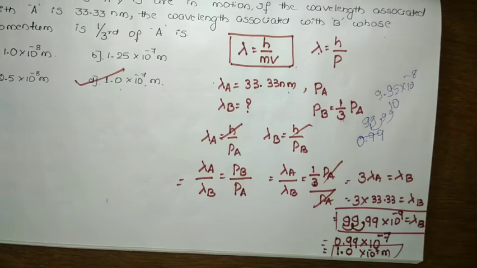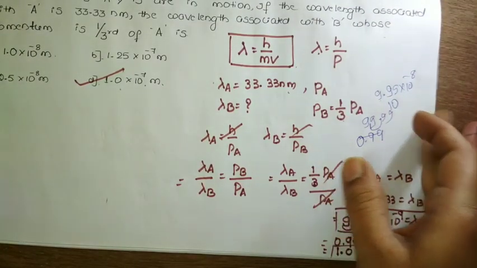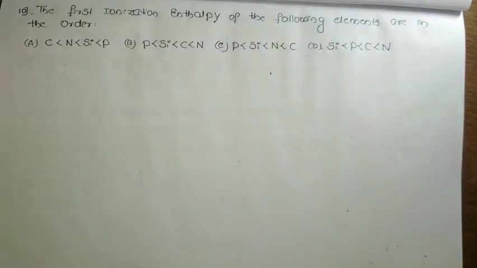A little bit different questions than expected, since what we have seen from the remaining papers. From 2019, the last question: the first ionization enthalpy of the following elements are in the order... Okay, we need to tell.